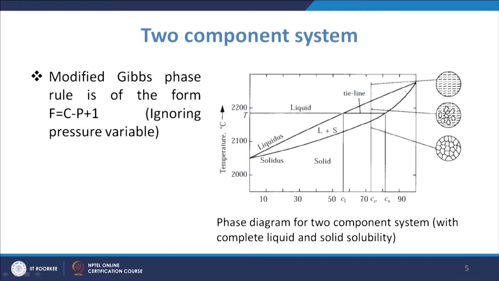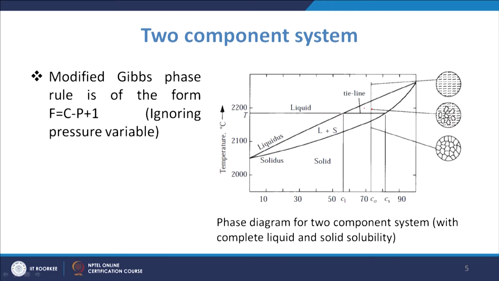In this case we need to know a few things. One is, when we come to different points, the solid which will crystallize, what composition will it have, and also what will be its fractional part that is formed.